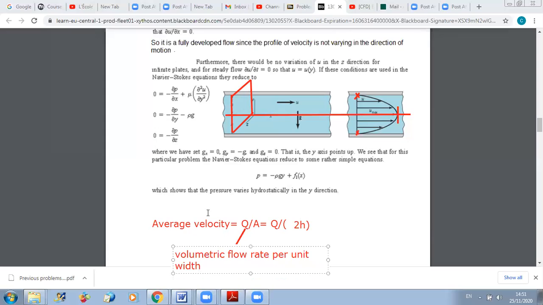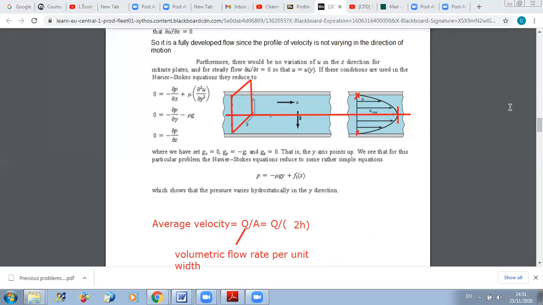Okay. If we divide it per the corresponding area, total area, which is 2h times 1, we can get the average velocity. And of course, the average velocity will be between 0 and the maximum velocity. So you can verify your calculation from this.